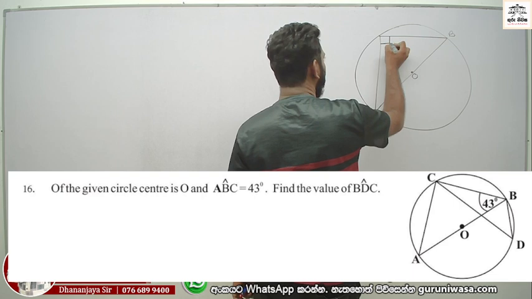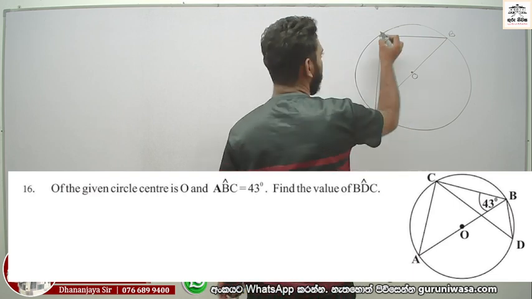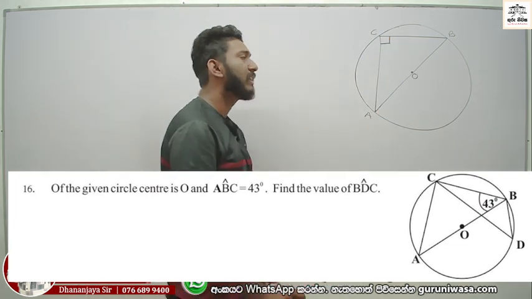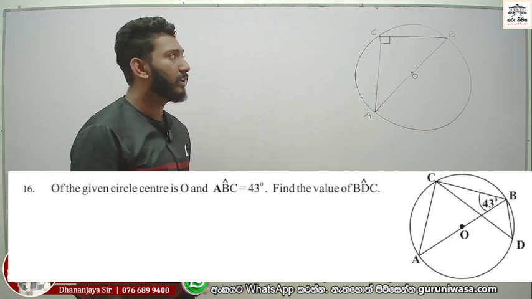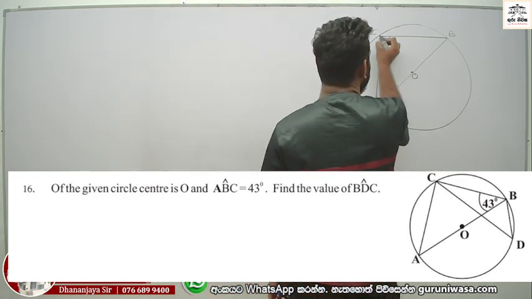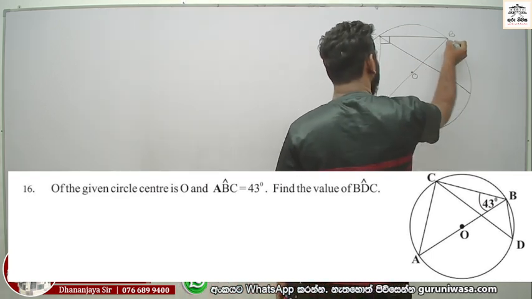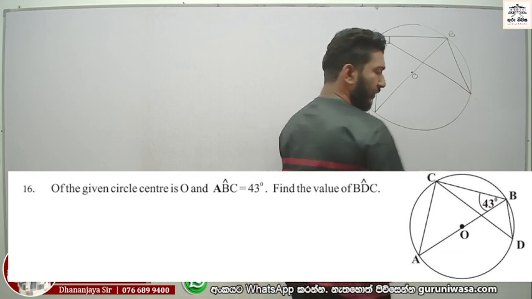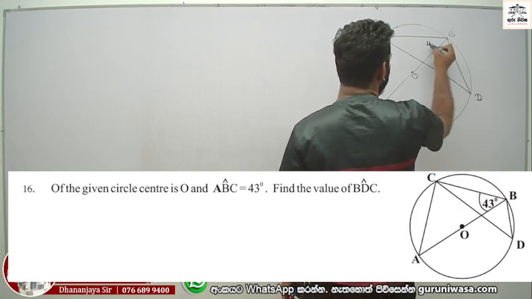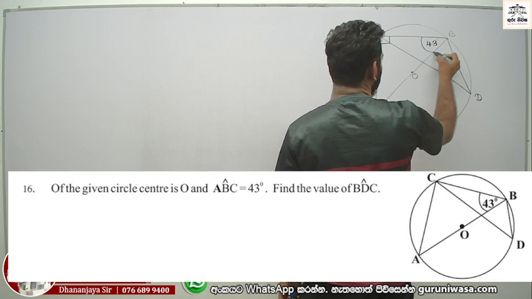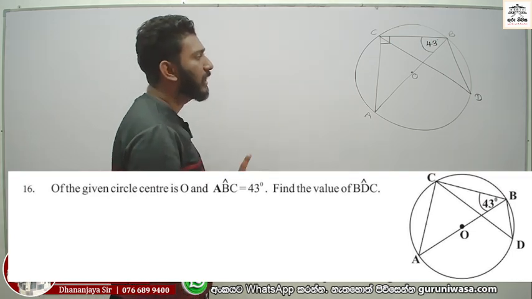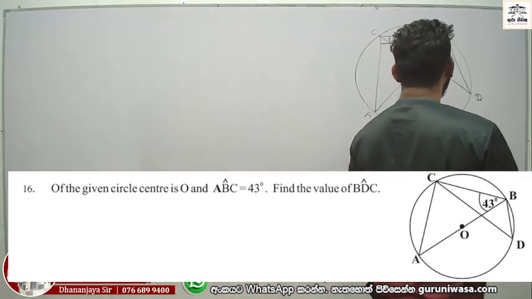Therefore, this one should be 90 degrees, because angles at the semicircle are right angles. Now here, this one should be 43. Now find the value of BDC.